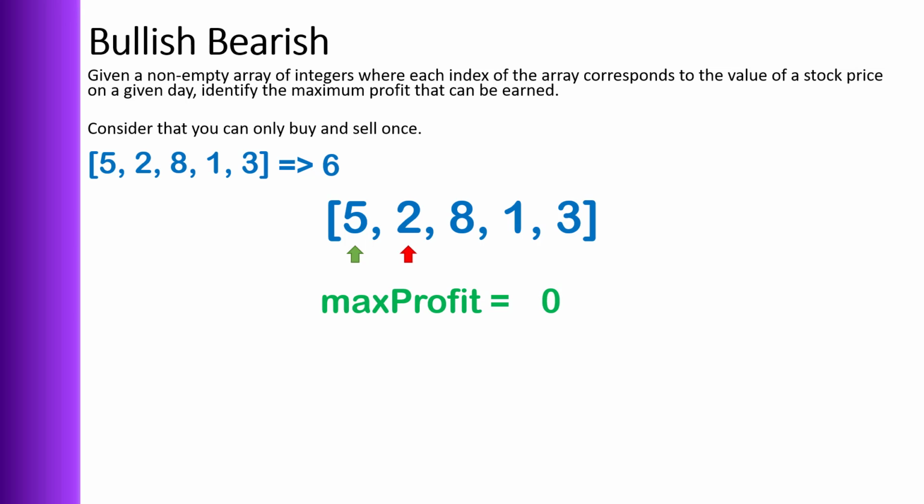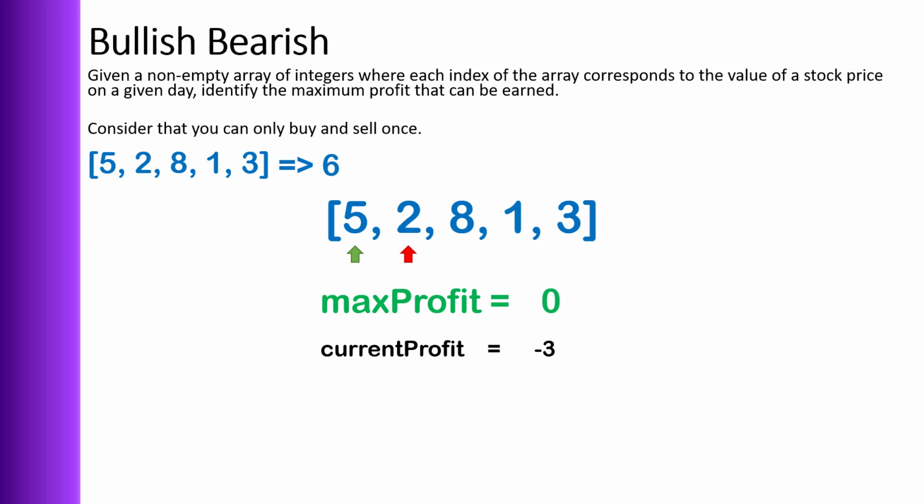We would also need a variable, current profit. This is something that we would be comparing to the max profit, to see if the current profit is greater than the max profit. If it is, then we will consider that as the max profit for that iteration. So having these two cursors, 5 and 2, the current profit would be negative 3 because 2 minus 5 is negative 3.